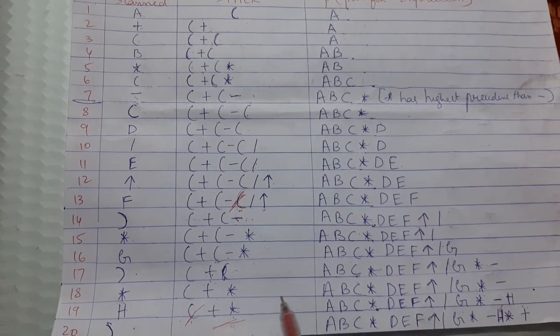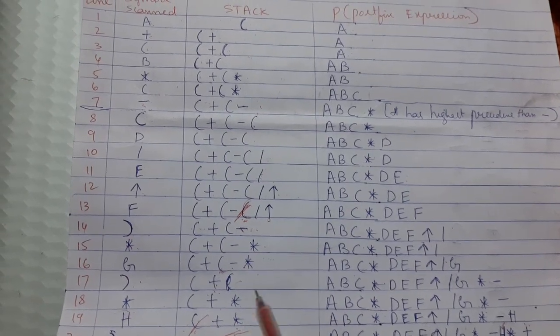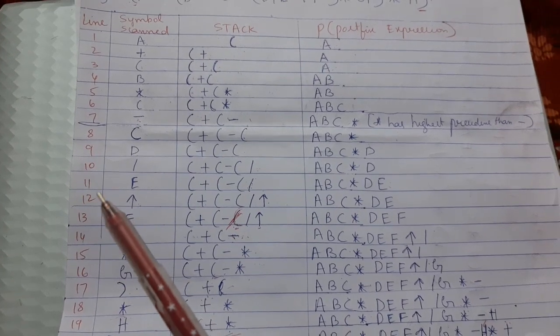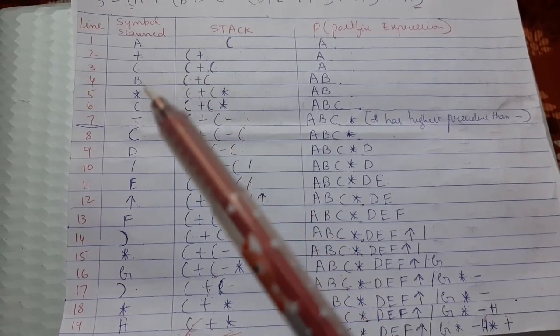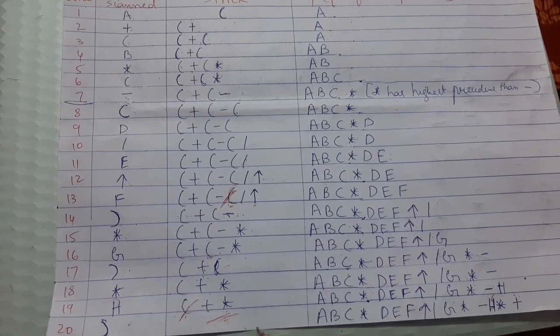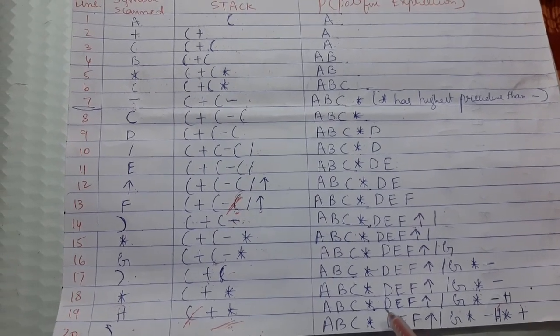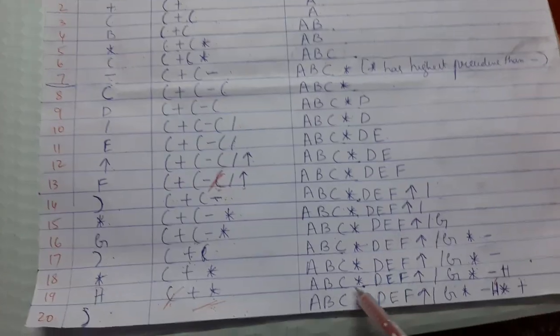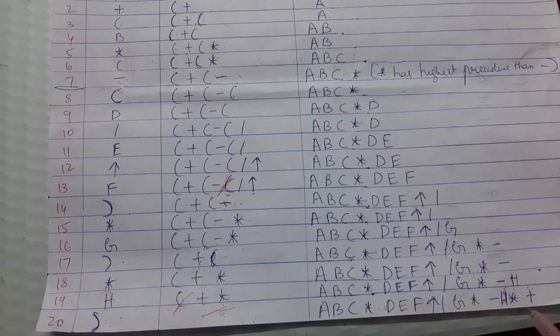If you are left with any operators or parentheses in the stack, that means you have done it wrong. So when you reach the end of the expression, the stack should be empty, so that whatever you have evaluated is correct. So this is the final postfix expression.